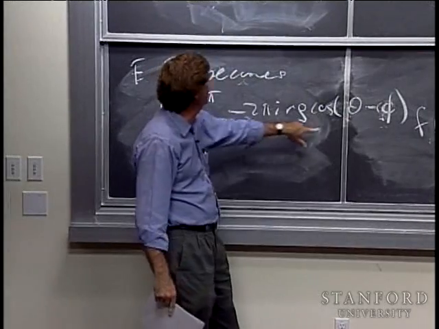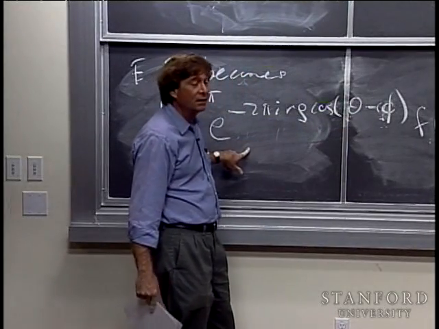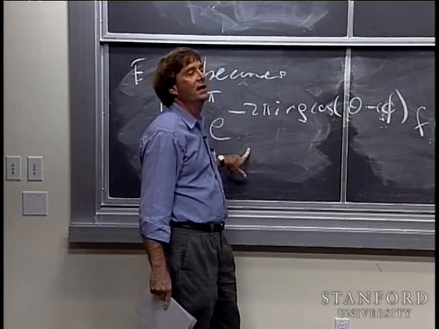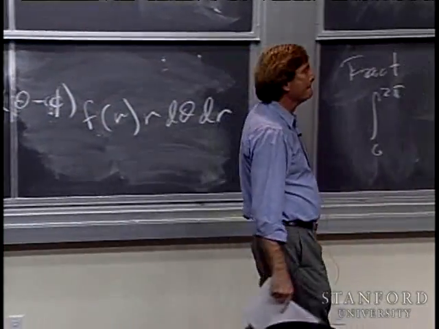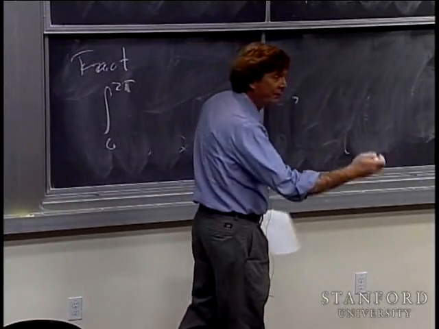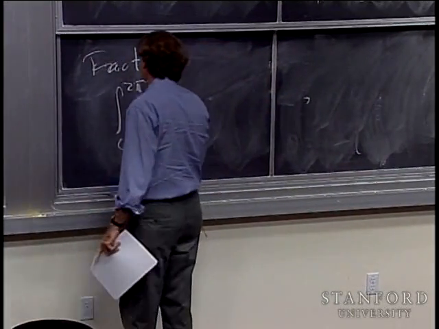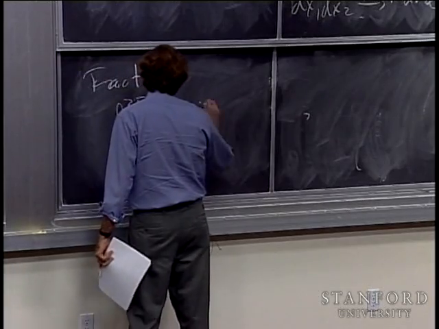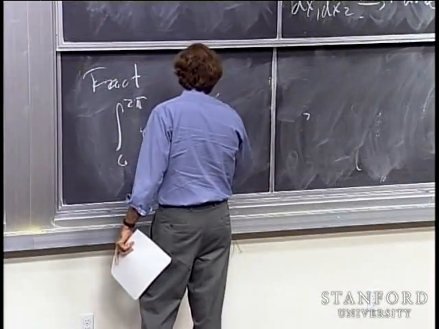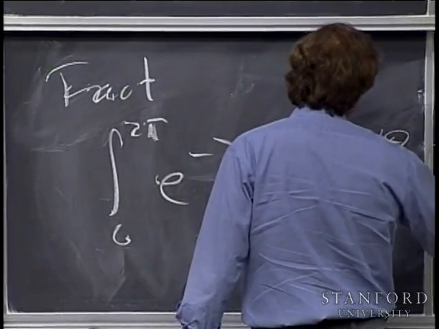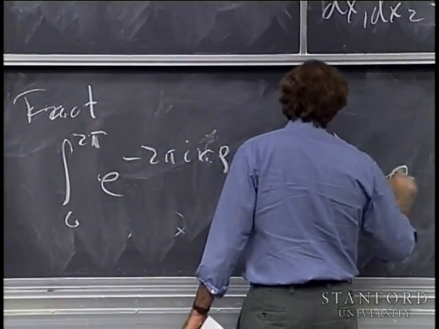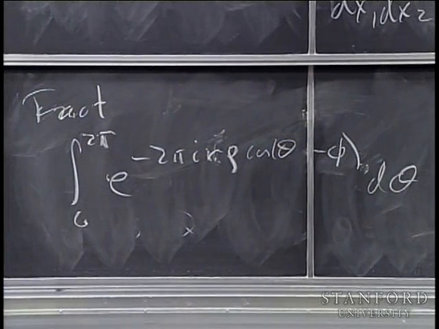So it's this part here that depends on theta. But it doesn't just depend on theta alone, it also depends on phi, the angle in the frequency plane. But the fact is that this integral, e to the minus 2 pi i r rho cosine of theta minus phi d theta, actually is independent of phi.